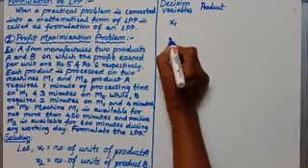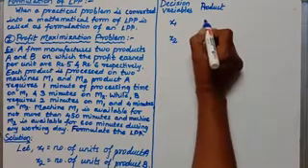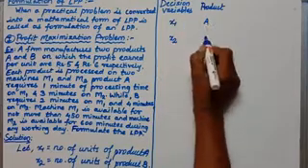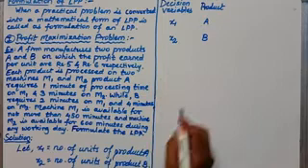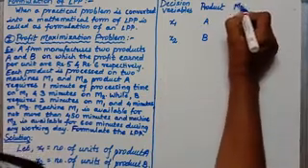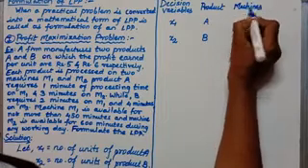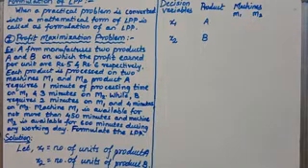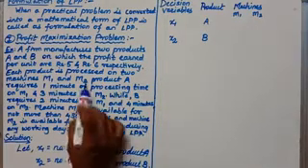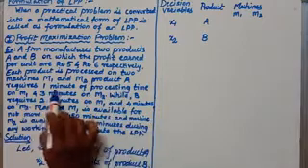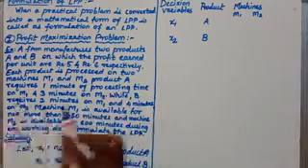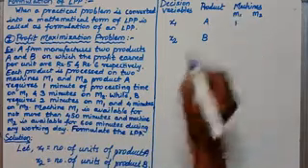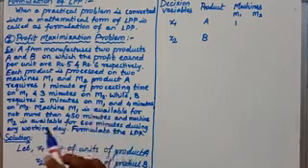My decision variables are x1 for product A and x2 for product B. Now we have two machines, M1 and M2. We know the time to produce product A and product B on those machines. Product A requires 1 minute of processing time on M1 and 3 minutes on M2.